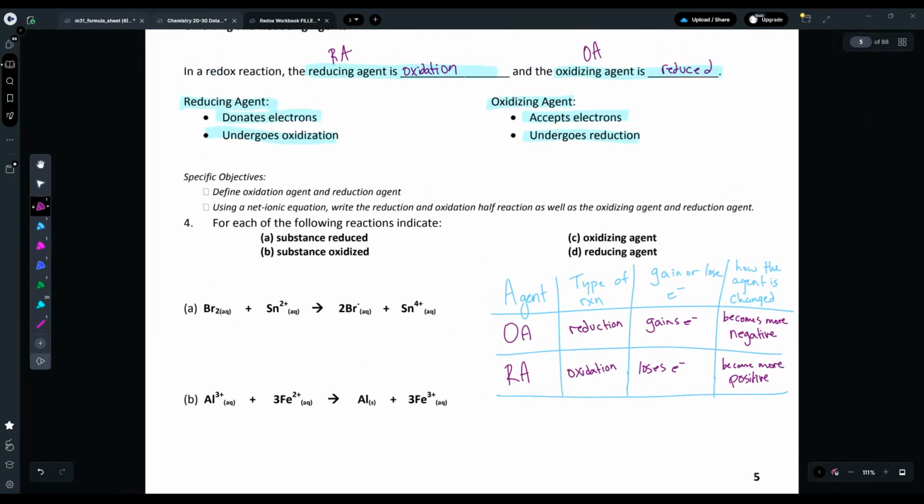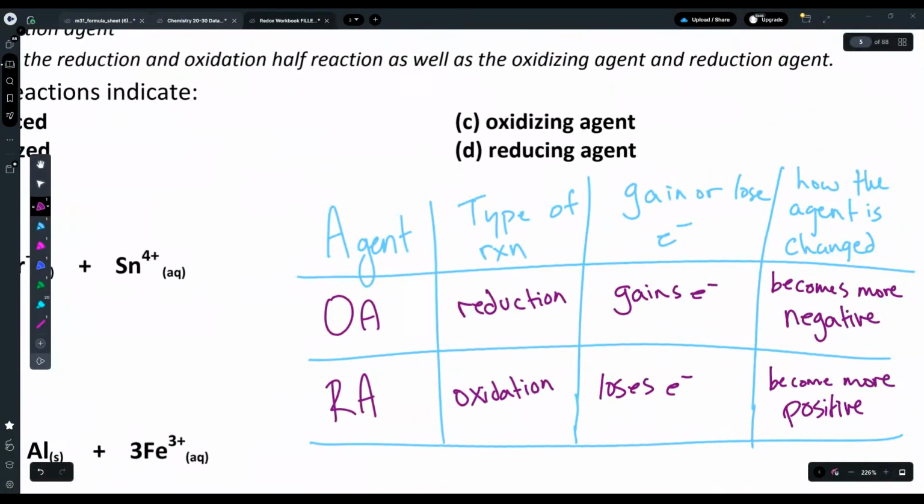Okay, so with reducing agents and oxidizing agents, you can use this little table just to help you out, especially in the beginning with the practice questions here, but also just remember to think about the travel agent. The travel agent helps you to go traveling, but they themselves don't go traveling with you.